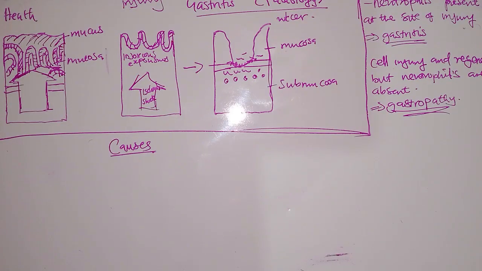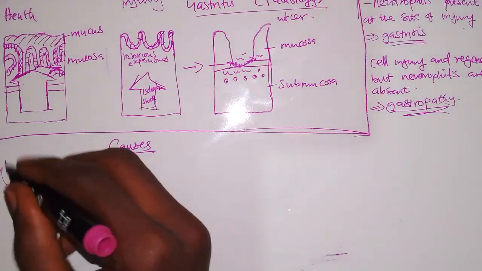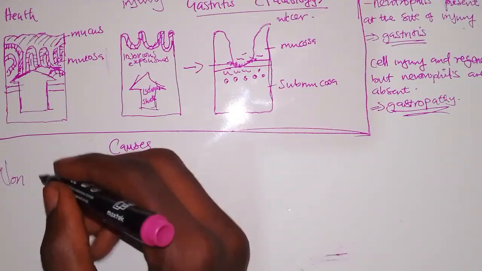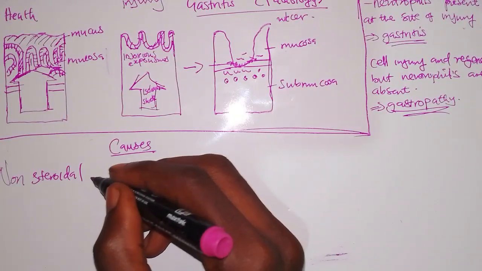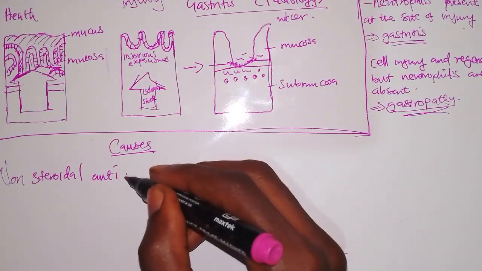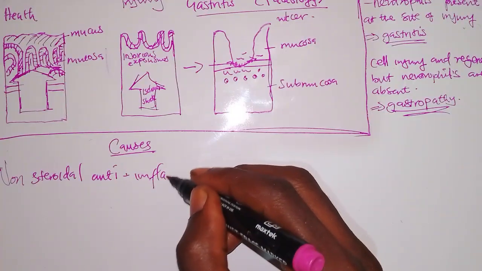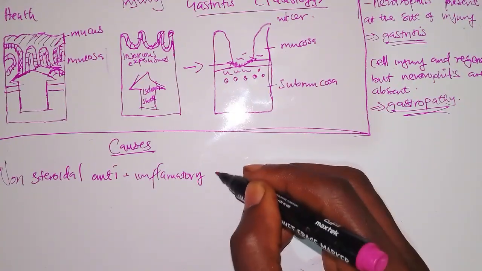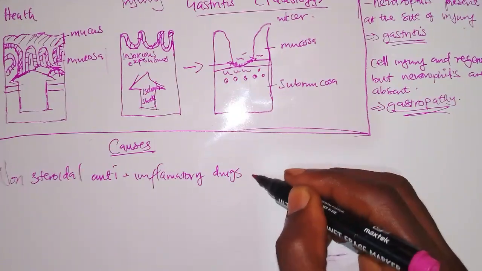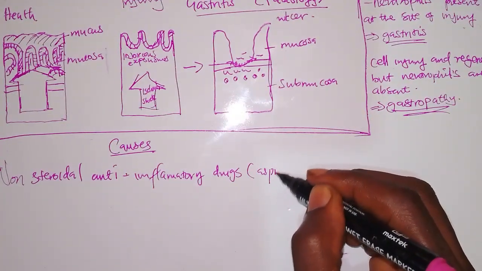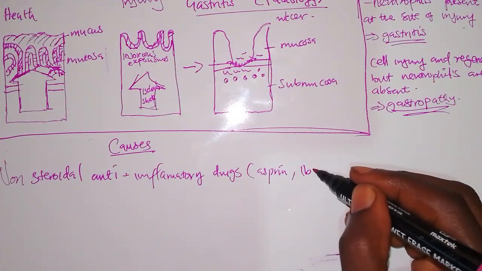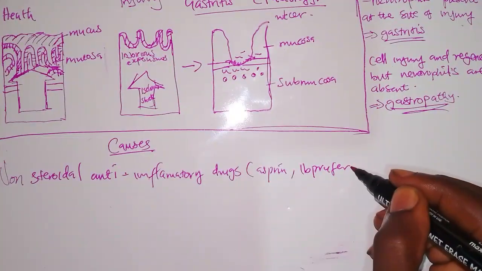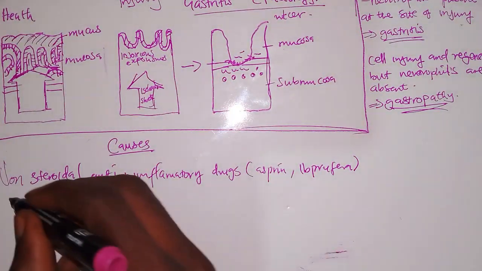Then the second thing is alcohol. So the first thing is non-steroidal anti-inflammatory drugs, e.g. aspirin, brufen.